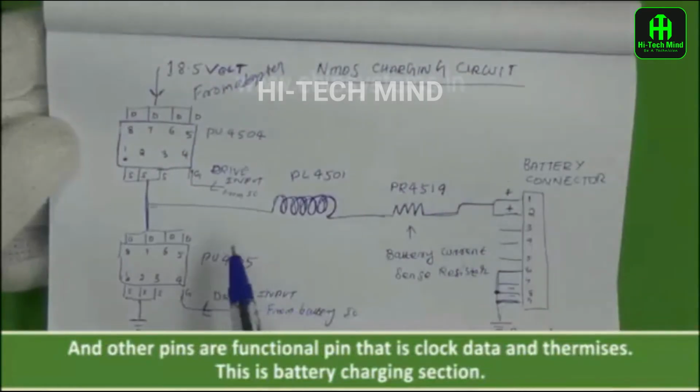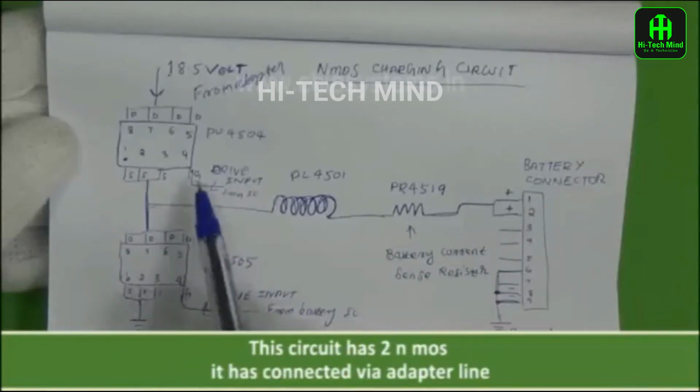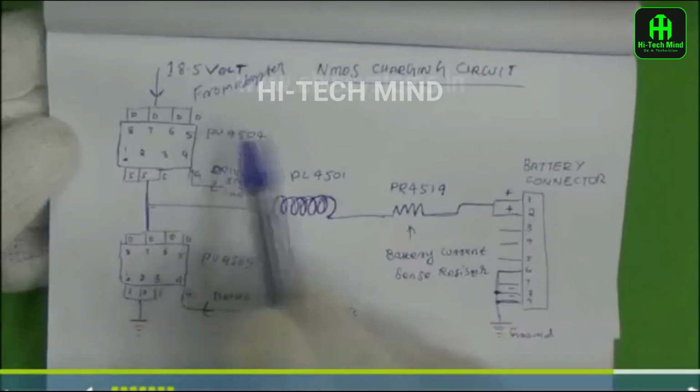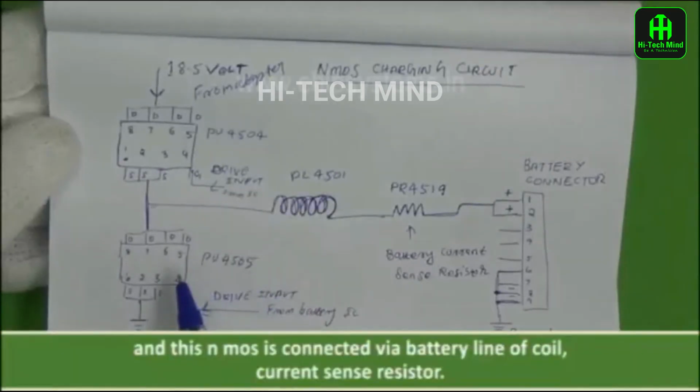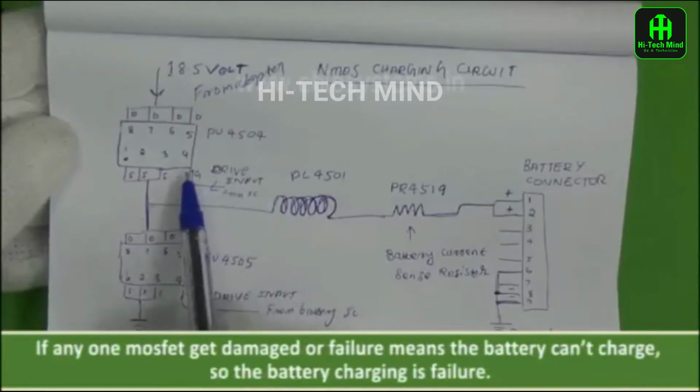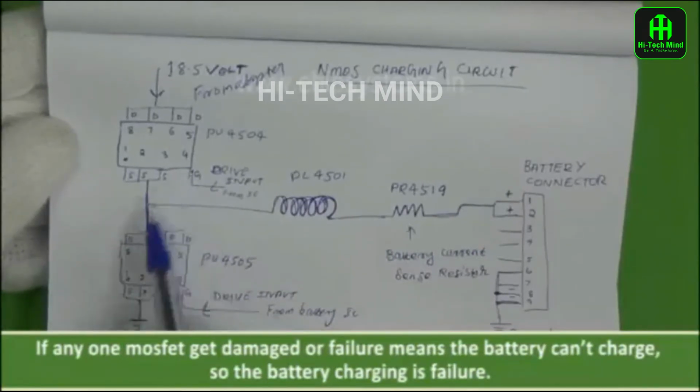This is the battery charging section. This circuit has two NMOS. One is connected via the adapter line, and this NMOS is connected via the battery line of coil and current sense resistor. If any one MOSFET gets damaged or fails, the battery can't charge, so the battery charging fails.